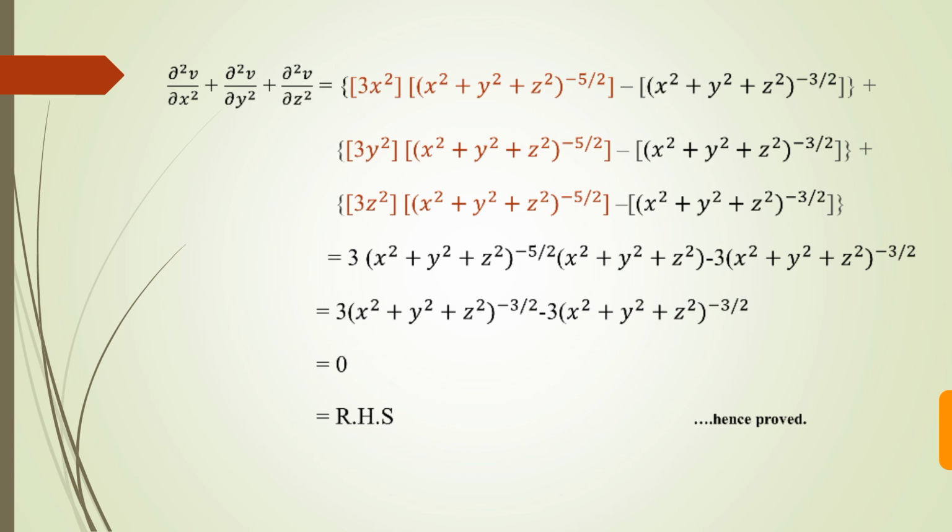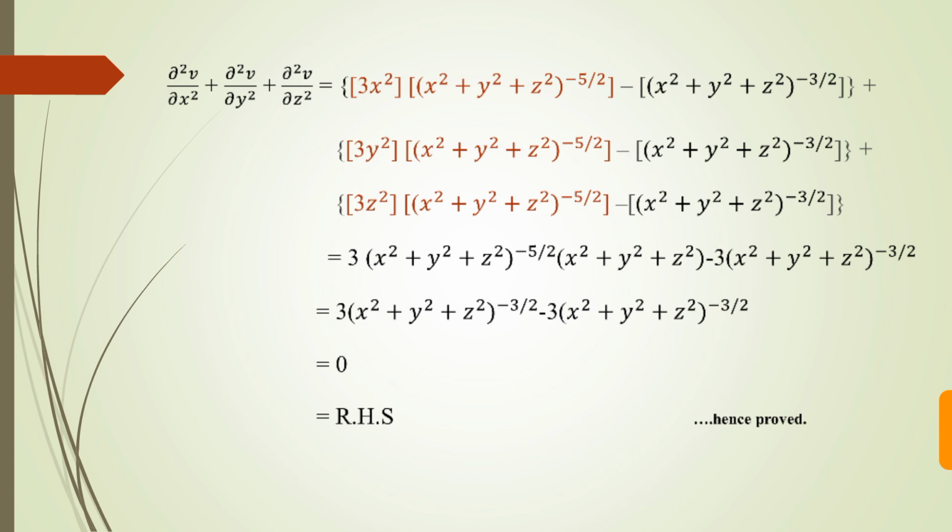Again we can take here 3 as it is, the bases are the same, and therefore here we can use the rules of indices, and that will become 3 into (x² + y² + z²)^(-3/2), that means -5/2 plus 1, here the power is 1.